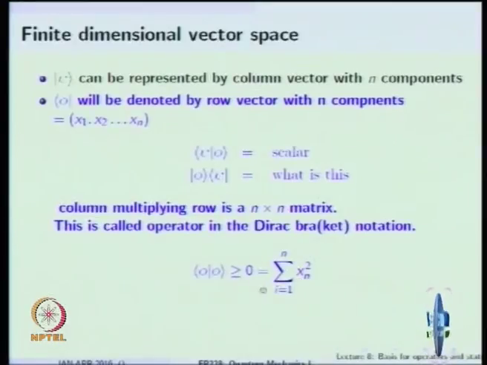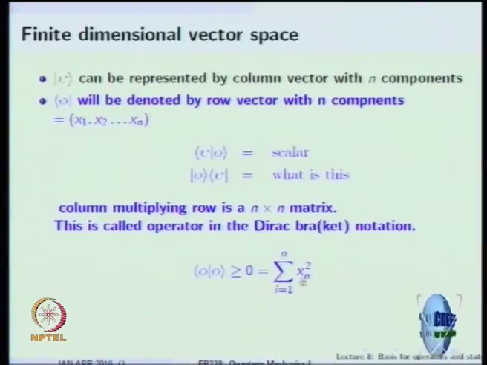And because this is positive definite, each one is a square. I have written xn squared. Technically this is not correct. When is it correct? When it is a real vector space. If it is a complex vector space, I have to take the conjugate transpose of the column vector, the complex conjugate. So, you have to put x1 star, x2 star up to xn star.